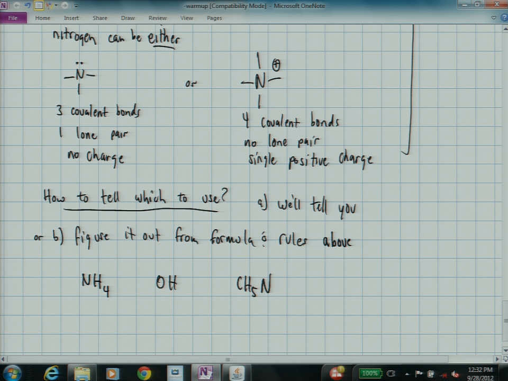Is it the kind that's going to have the charge or the kind that's not going to have the charge? Likewise, if you make 1 oxygen and 1 hydrogen stuck together, what's it got to be following those rules that I put up there? And then this one's a little bit trickier. So take a second, try to put 4 hydrogens around a nitrogen. Which one is it going to have to be? Talk to your neighbor, et cetera, and then we'll think about OH and the CH5N. So think about it, talk.